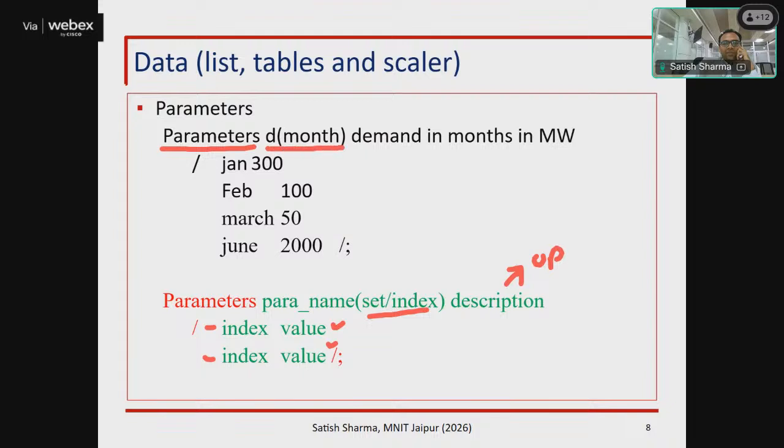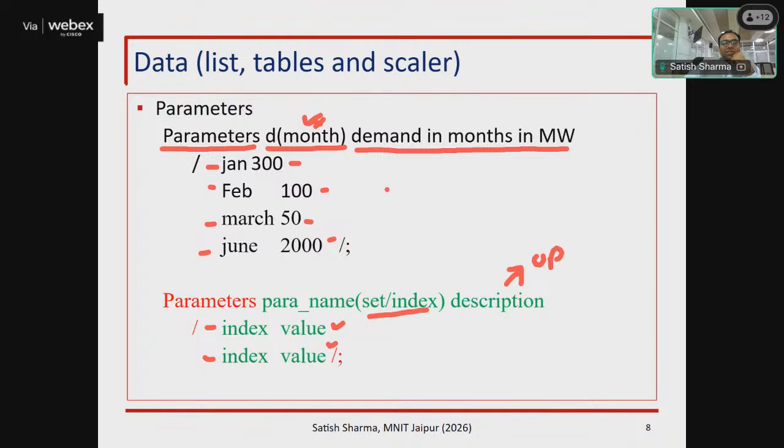This is the parameter name and this is our index. This set we have defined earlier, so we will use it. The description part is optional. Then in backslash I have provided the set members, Jan, Feb, March and June, and then the values with respect to these members are 300, 150 and 2000. So these are the values available to this particular set.